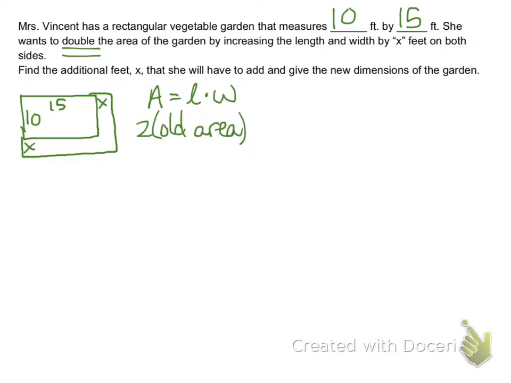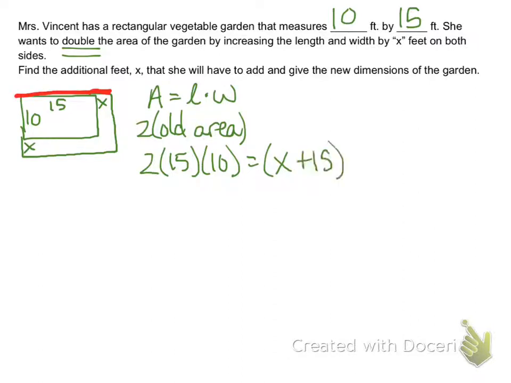So 2 times whatever the old area is. Well, that's easy. My garden is 15 by 10, so 2 times that equals, and I have that x, that new length, and that 15 that I had, so it's going to be x plus 15 is my new length. The width is going to be, again, that x that I'm adding, plus the 10.